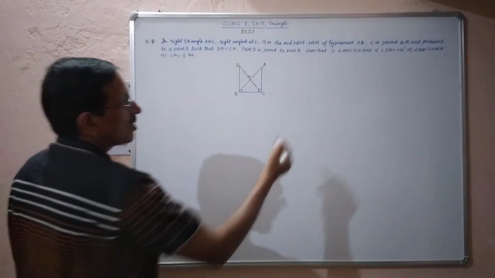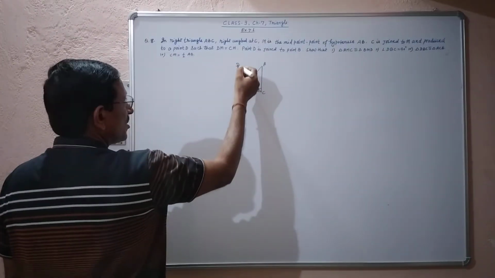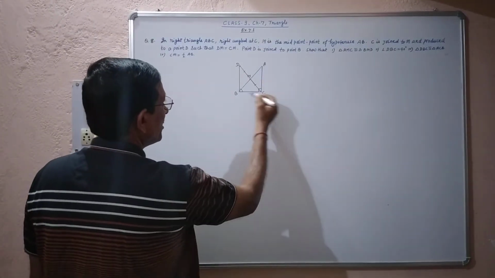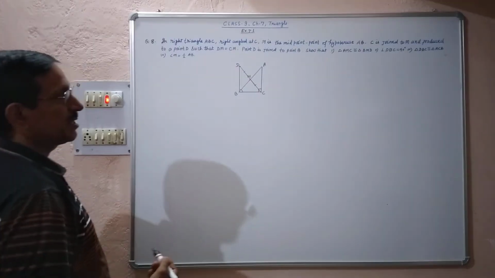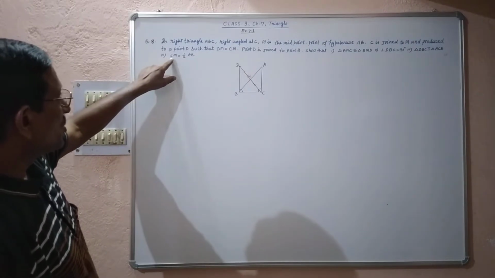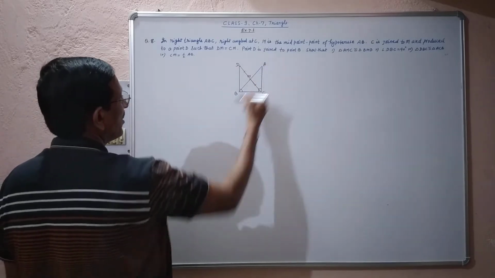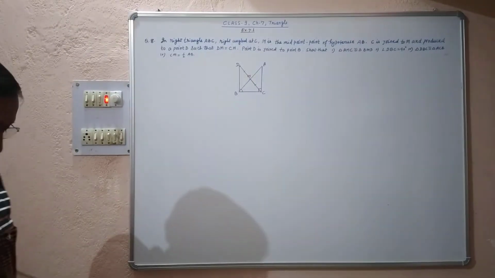After that, triangle DBC is congruent to triangle ACB. Last, CM is equal to half of AB. We have to prove it.